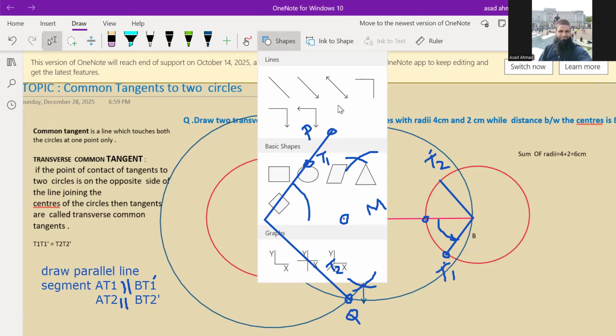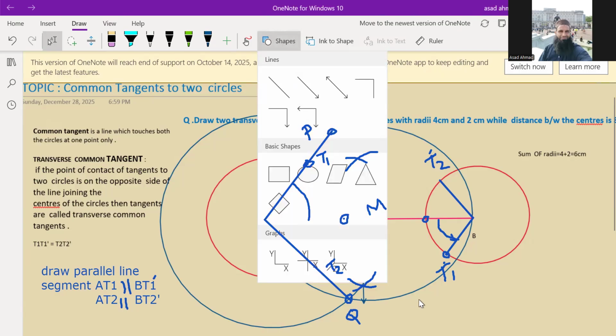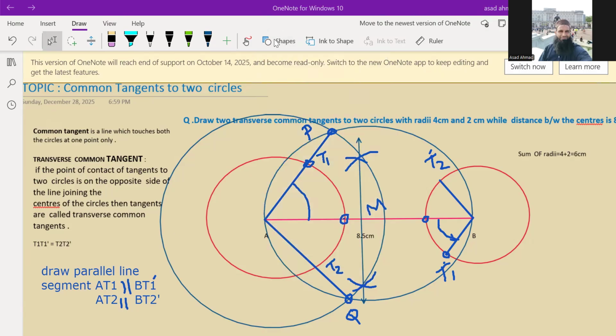I will draw one by one. Firstly, I have to join T1 to T1 dash, like this one. Take its color as red, so that the actual drawings can be used.